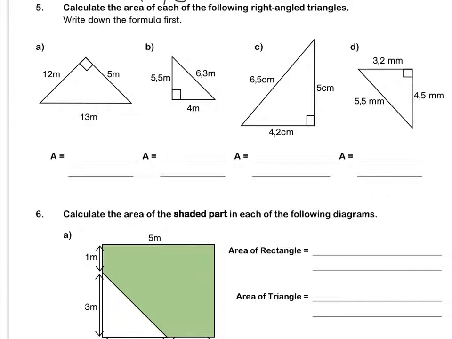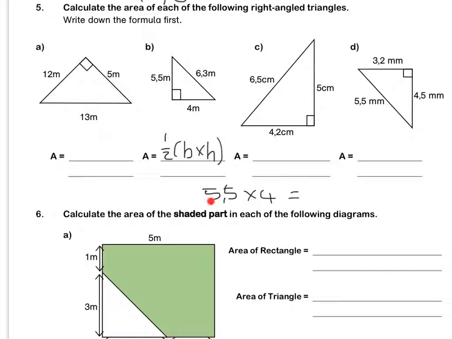Question 5. Calculate the area of each of the following right angle triangles. Remember that you are going to use the base and the height around the right angle. Let's do B together. The area is a half base times height. So we must do 5,5 times 4.